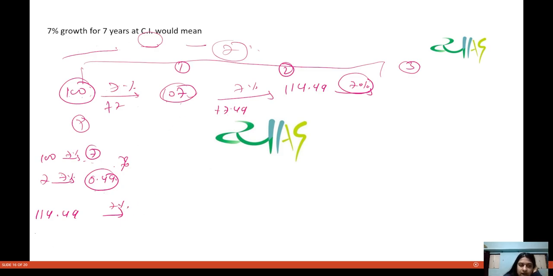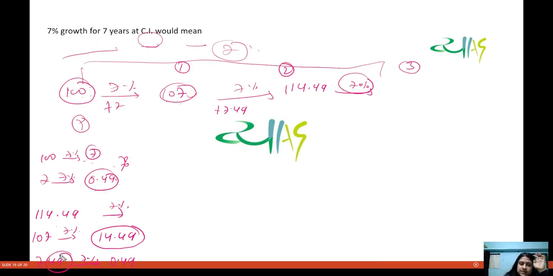We already know 7% of 107 is 14.49. Okay, how much is left? We have to calculate 7% of 7.49. That also we know, 7% of 7 is 0.49.